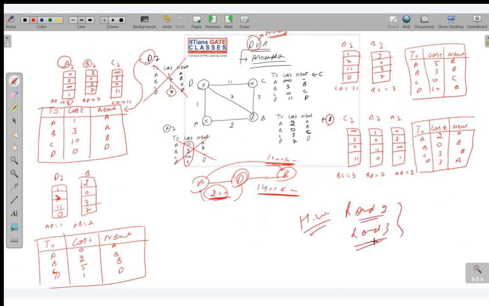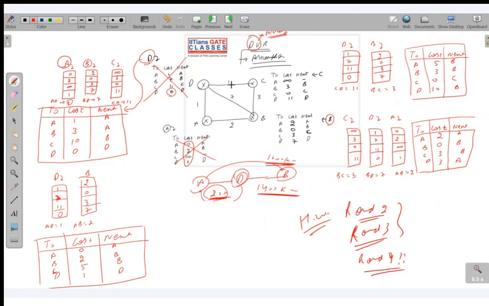Try to figure out why we do not need round 4. Here is a hint: round 1 means you have included only one node in between, in round 2 you will include 2 nodes, and in round 3 you will include 3 nodes. More than 3 nodes, or you can say edges, we do not want.